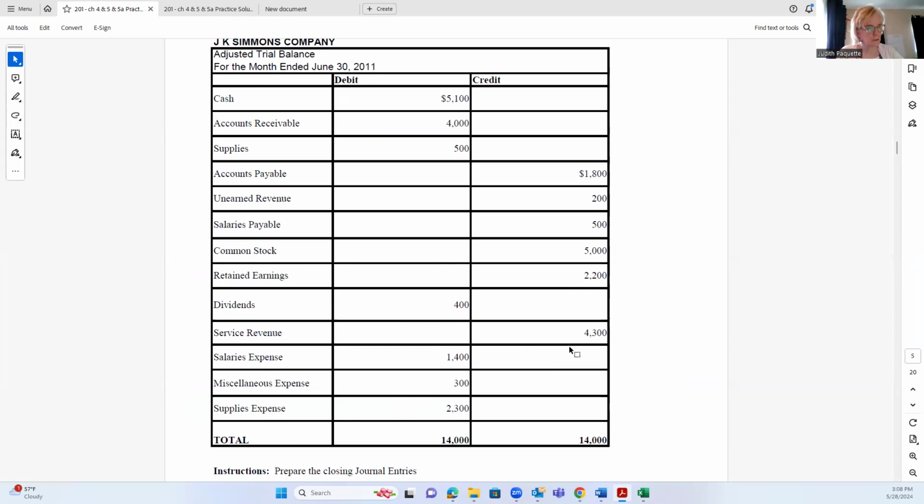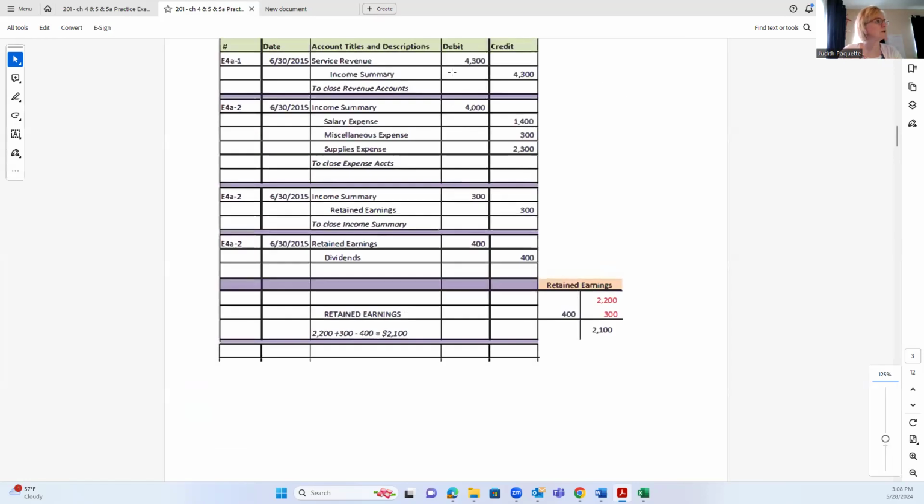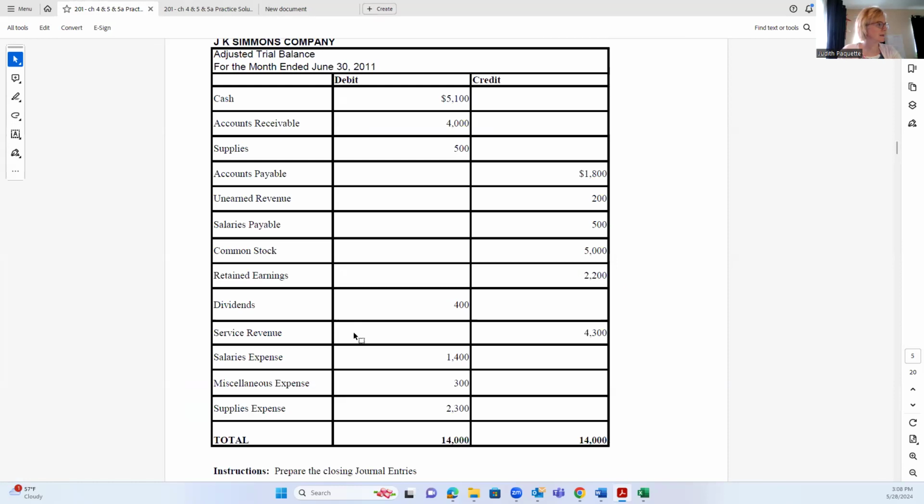So we start with the service revenue. And if you have more than one revenue account, you close both of them. And that's why you guys agreed with this one, right? You close revenue. And then we go back and we have to close 1, 2, 3 expense accounts. And I just want to caution you, if you see depreciation expense, be sure to close it.